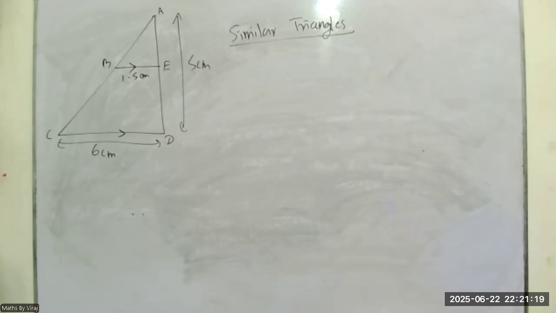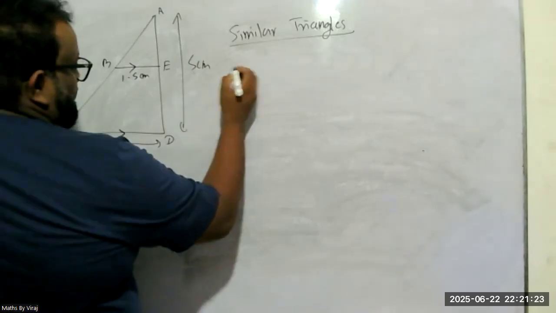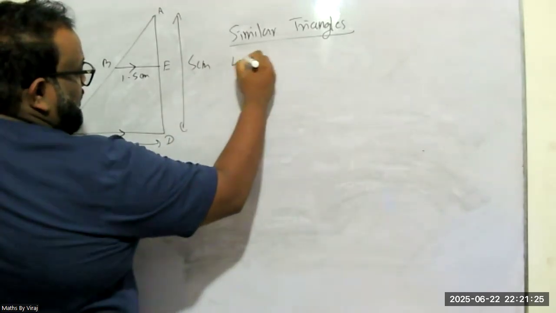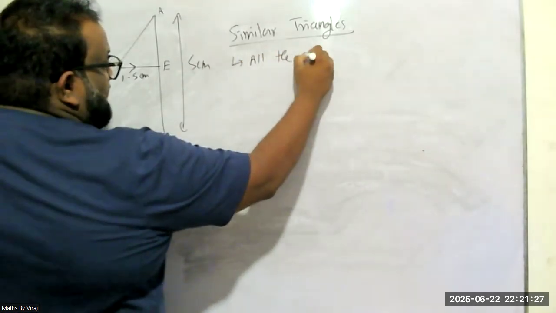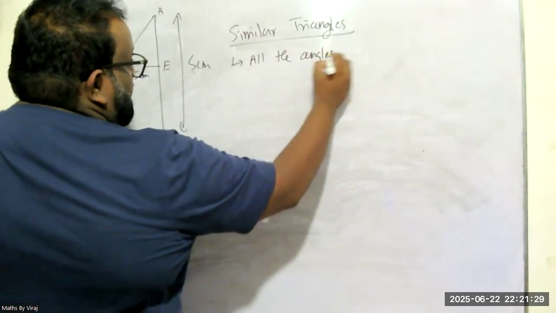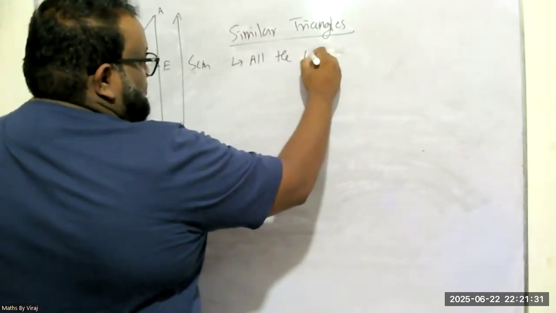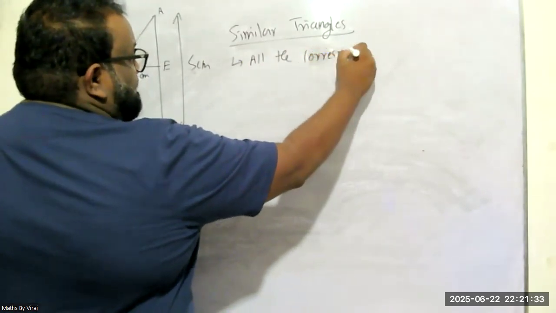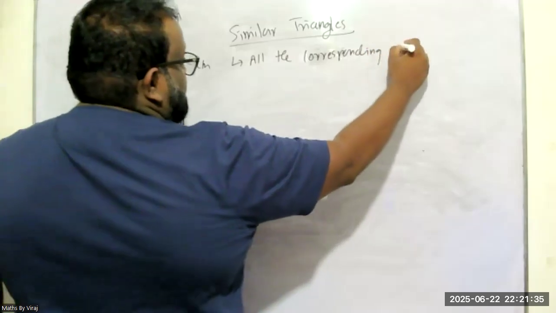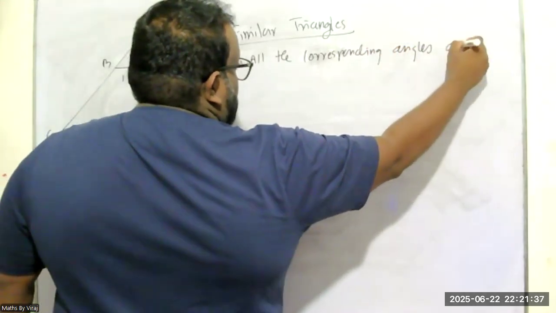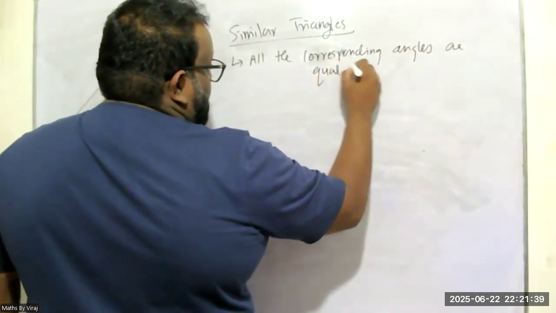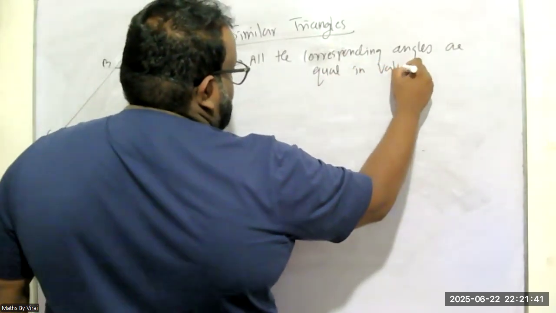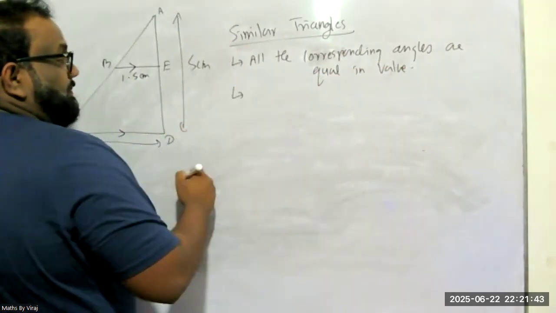In similar triangles, all the corresponding angles are equal in value.